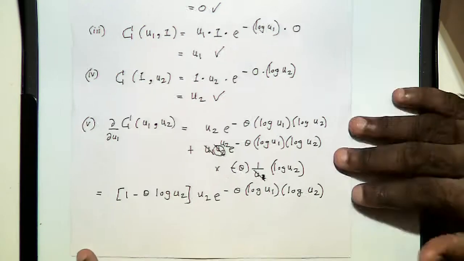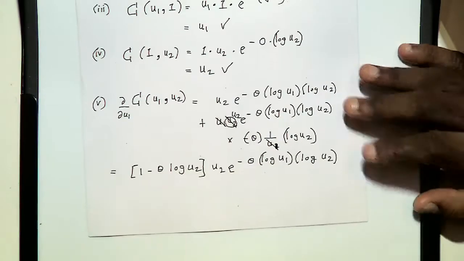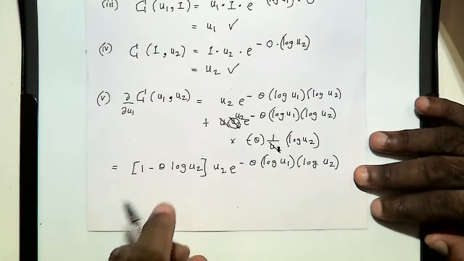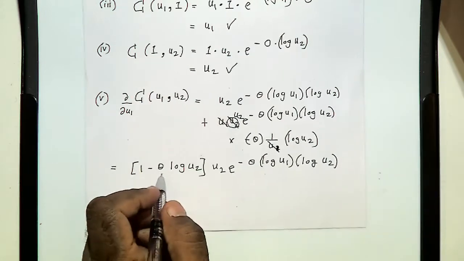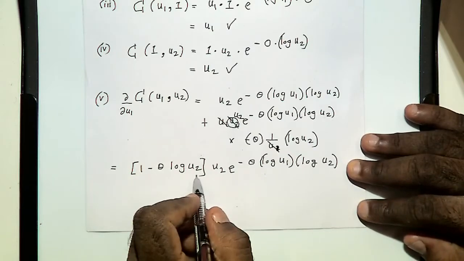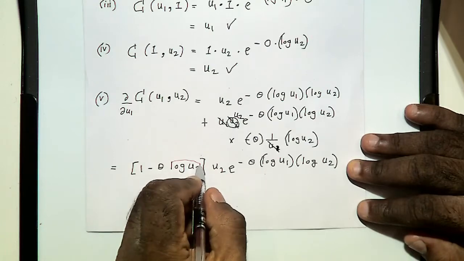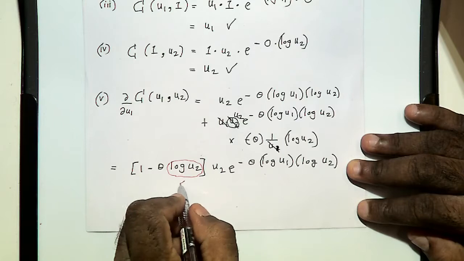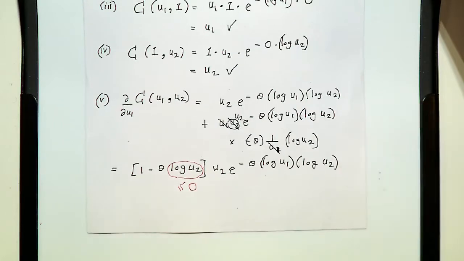All right, now we know, let me use the red pen if I have one. Right, now theta is a number between 0 and 1, we know that, yeah? And U2 is a number between 0 and 1 too. So log of U2 will be less than or equal to 0 because U2 is a number between 0 and 1, right?